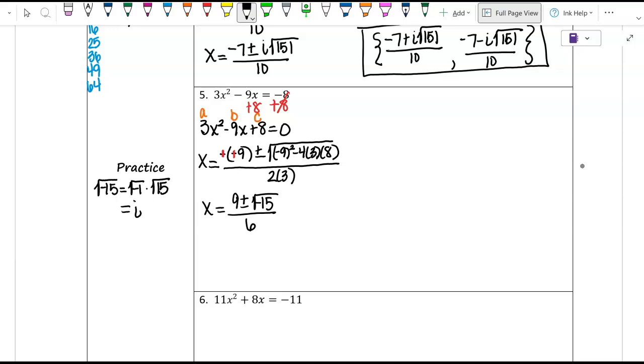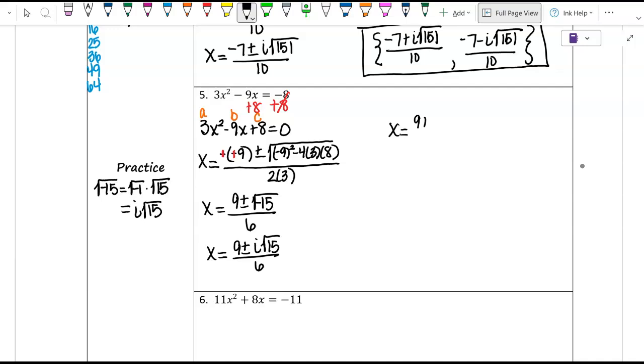So you don't have to go through a big, we know that this is just I radical 15. So x equals 9 plus or minus I radical 15 divided by 6.